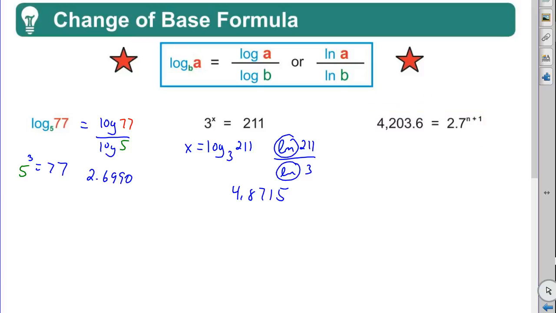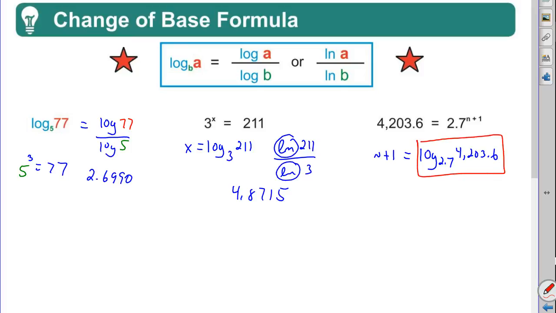All right, so last situation, you say, oh no, how could I ever do this problem? Well, again, put it into logarithmic form. That's why you have to know how to convert. N plus 1, the exponent, equals the log of the base, subscript 2.7, and then 4,203.6. Okay, this is just simply the logarithm.